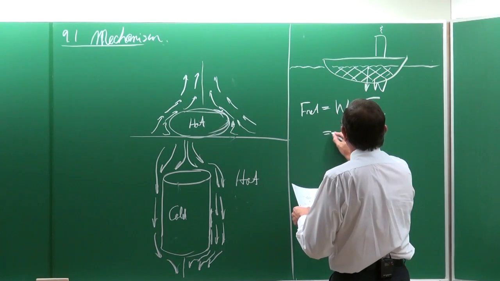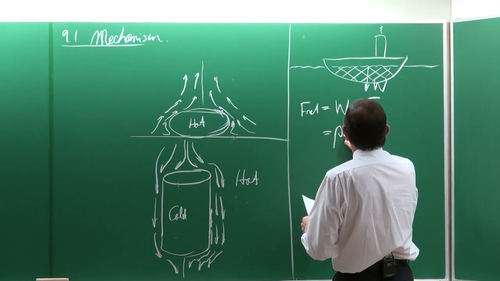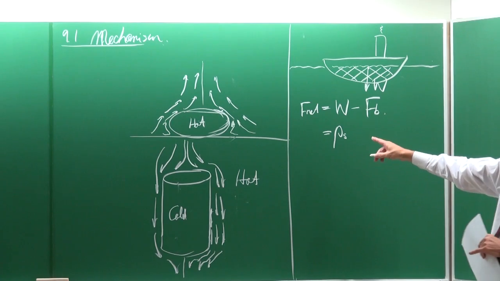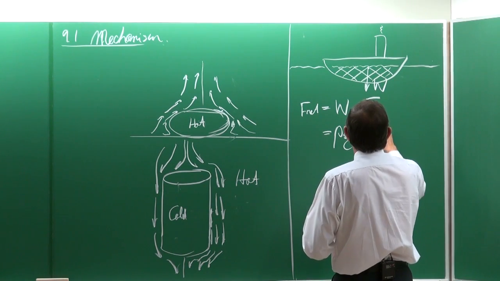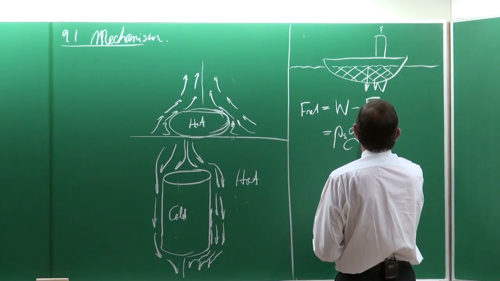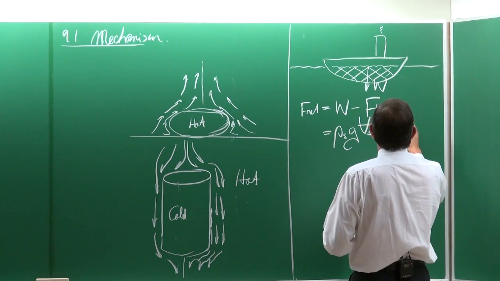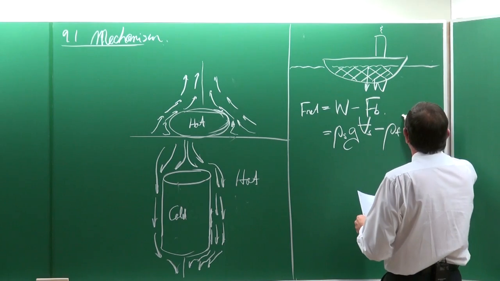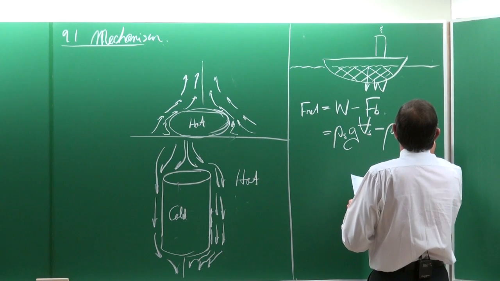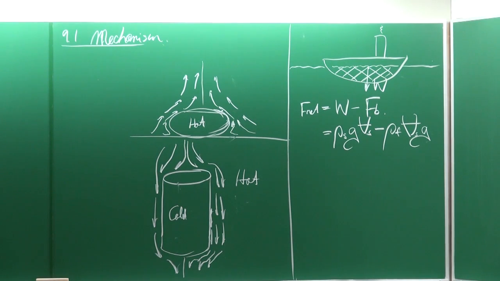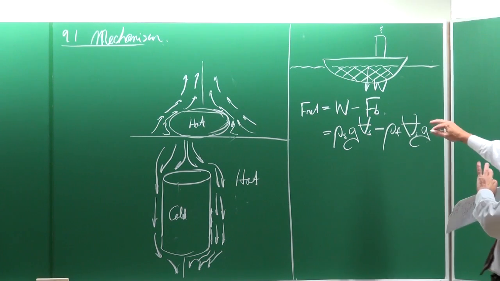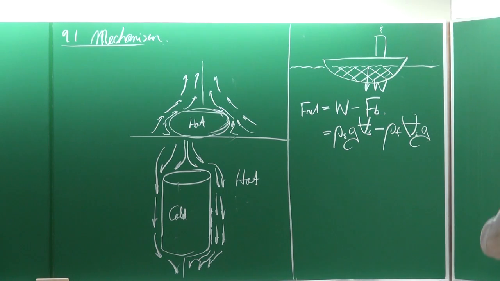The weight would be equal to rho of the ship, rho_S, g multiplied by the volume that is being displaced, minus rho of the fluid, rho_F, times the volume of the ship that is being replaced, multiplied by g. Maybe my derivation is not so correct, but you can go and check it.